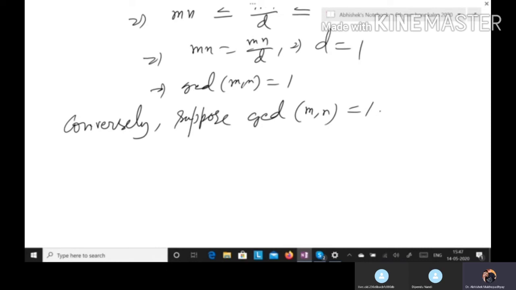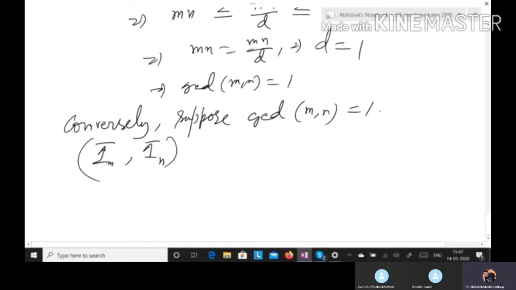So we would like to use a trick here. What is the trick? We consider the element of Zm cross Zn which is the 1m class, 1n class. That is, the 1 class in Zm and the 1 class in Zn.